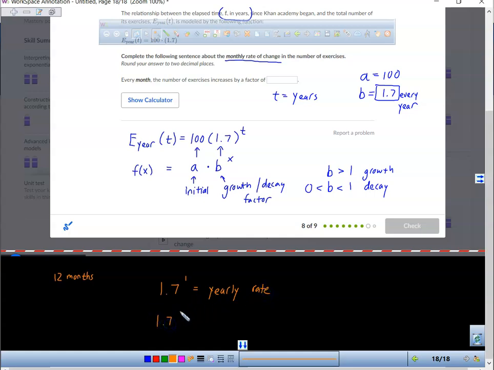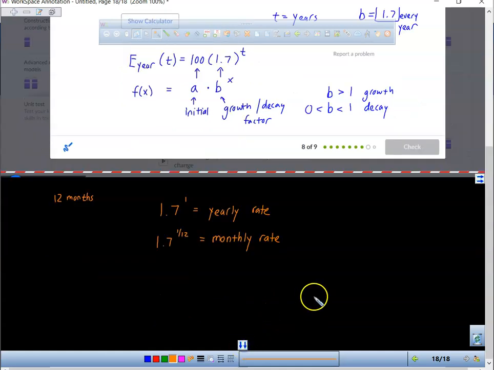Let's see if this makes sense to y'all. Ready? What did I just write? 1.7 raised to the power of what? 1 over 12.